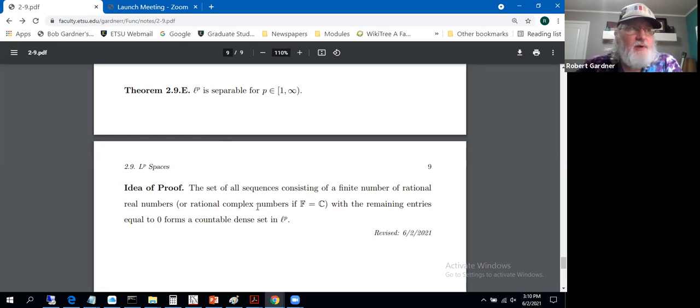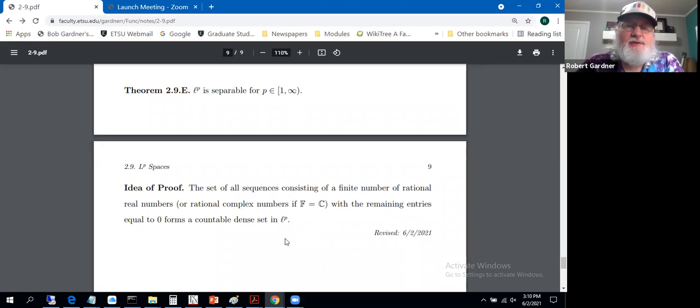Sometimes they're called Gaussian rationals. Take a rational plus i times another rational. That's what I mean by rational complex number. By taking a sequence with finitely many of those and all the other entries being 0, that gives you a countable set, and that gives you a dense subset.